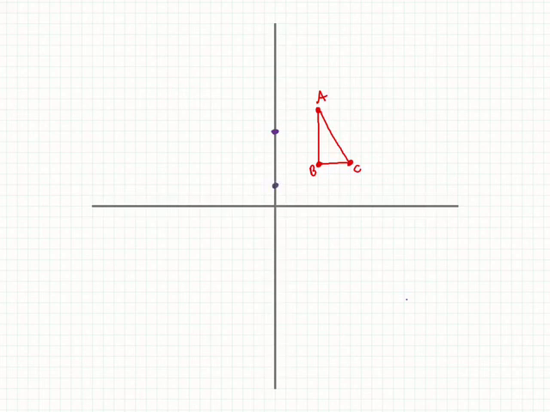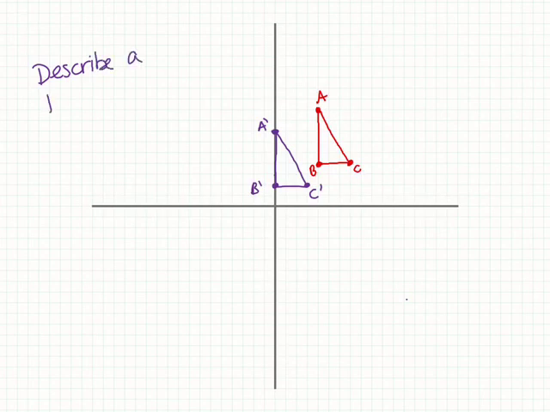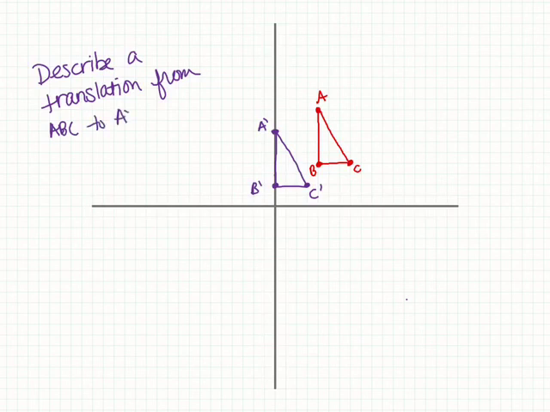And that would be A prime, B prime, C prime. Okay, so I've given you the graph of what it looks like. What you would need to do is the directions would say, describe a translation from triangle ABC to triangle A prime, B prime, C prime.